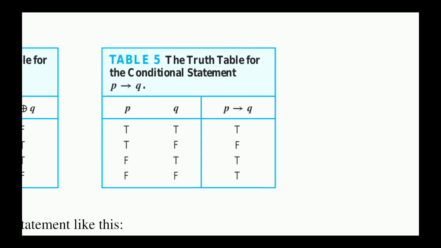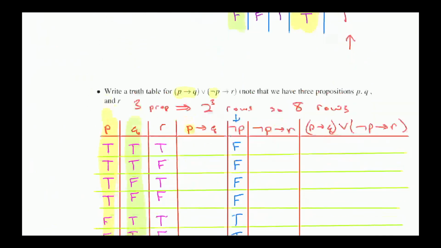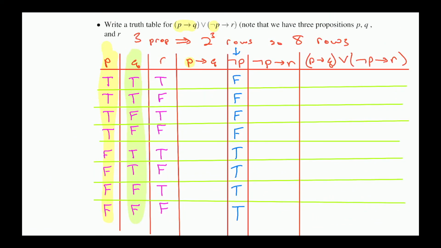Look at this. The only time it's false is when it goes true, false, right? True, false gives you false. Only time. So we come down here and we're looking for that. True, false gives you false, and we'll mark those as false.